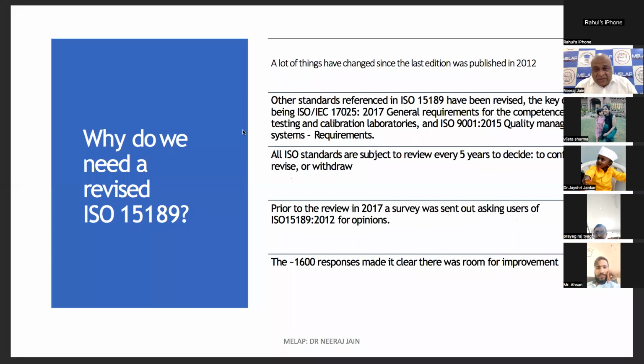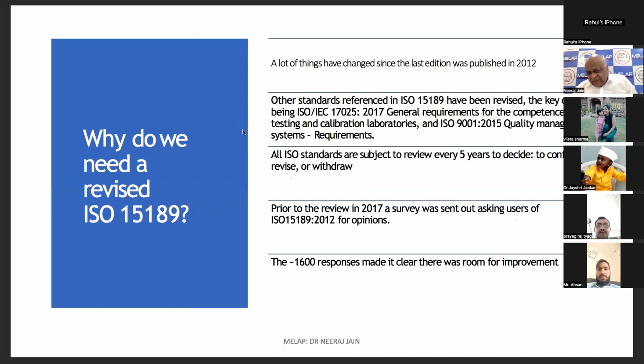After the release of this third edition, 9001 was revised in 2015, and 17025 was revised in 2017. So people thought that because 15189 is based on these two standards, 15189 also should be revised as per the latest editions of 9001 and 17025.